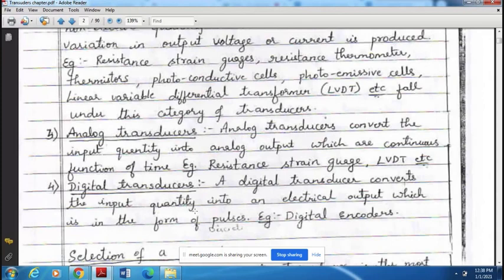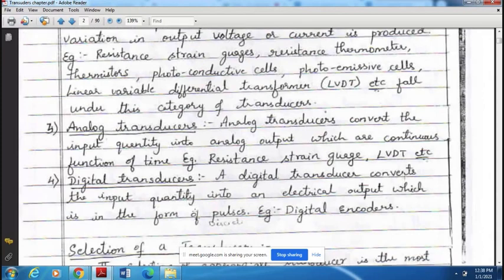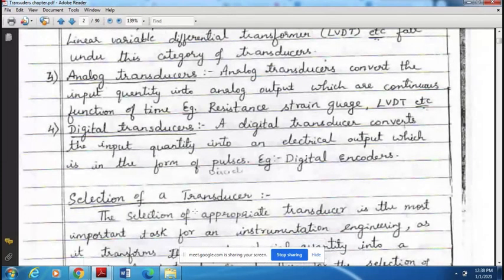So now you have come to know about the classification of these transducers. Now, before selecting a transducer, we have to consider some important parameters for any application. On which parameters is the transducer's effectiveness validated?